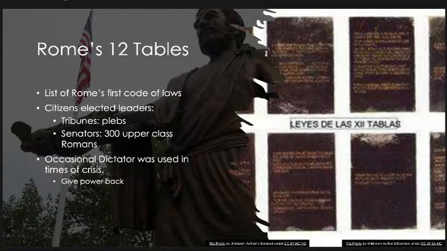So, I was talking about how in times of crisis, the patricians would choose one amongst themselves to be an absolute ruler or a dictator. And then once the crisis was resolved, that dictator gives the power back and just goes back to being a senator, and the people were in charge again. And this worked for them. Can you imagine us doing that in American society?